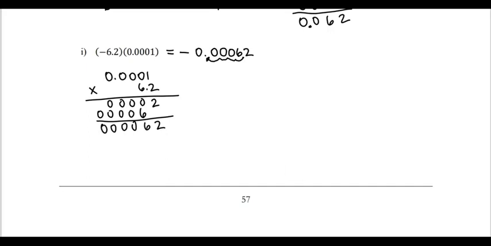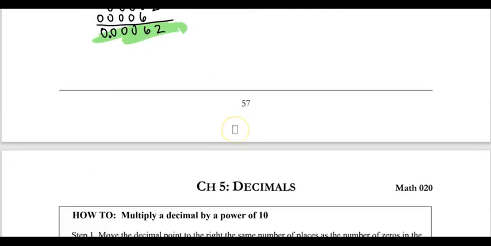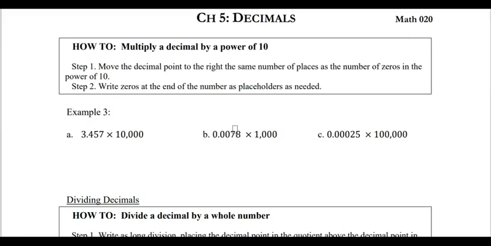So I need 1, 2, 3, 4, 5 numbers behind my decimal point. So I'm going to start counting them from the back: 1, 2, 3, 4, 5, my new decimal point, and that is exactly what I predicted it was going to be.